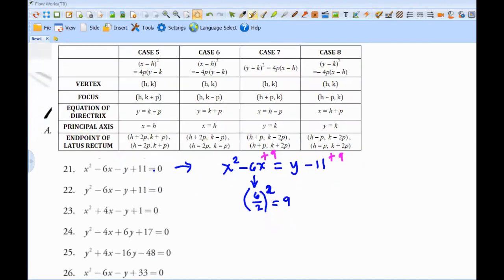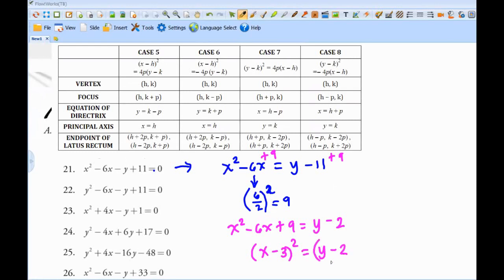Then after that, we have x squared minus 6x plus 9 equals y minus 11 plus 9, which will be equal to y minus 2. And then we will factorize this. So it will become x minus 3 squared equals y minus 2.